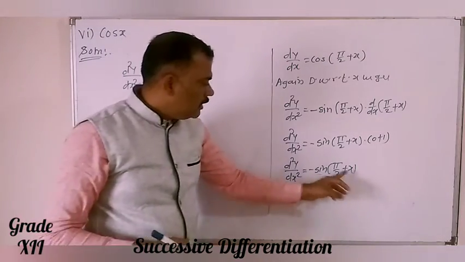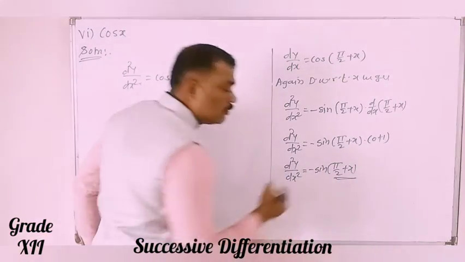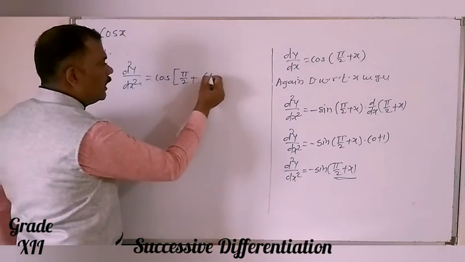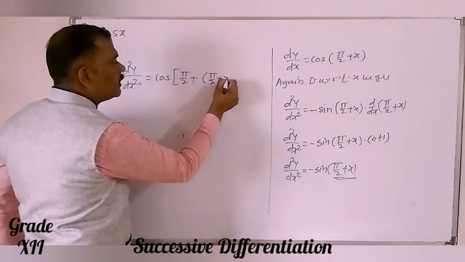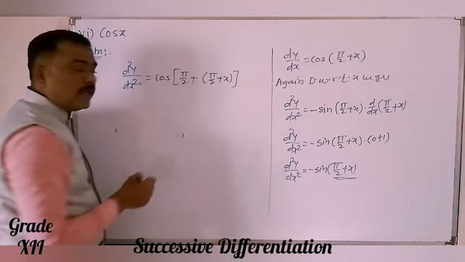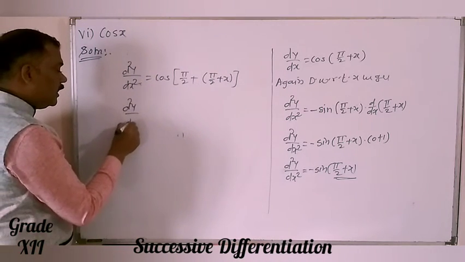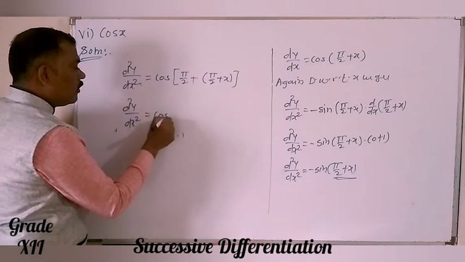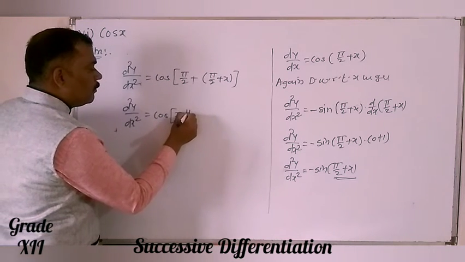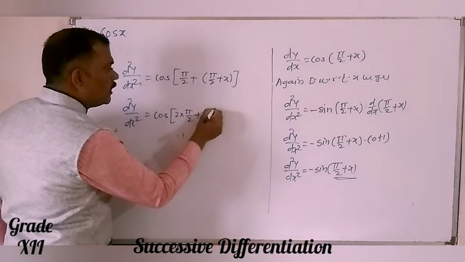Here theta is nothing but this whole pi by 2 plus x. Pi by 2 plus pi by 2 is nothing but 2 times pi by 2, that is d2y by dx square is equal to cos of 2 into pi by 2 plus x.